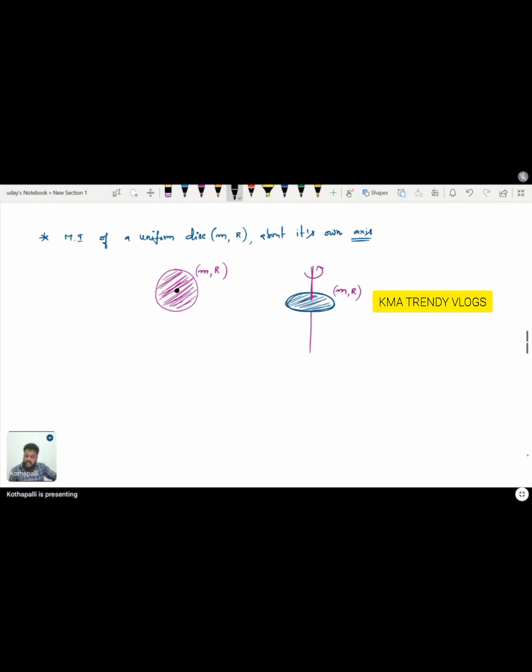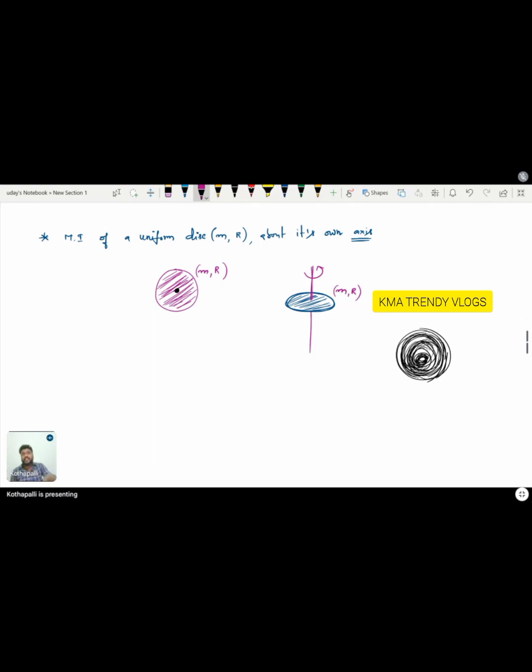So if I take a disk as the combination of so many rings of different radii, one ring's moment of inertia I'll pick somewhere in this disk part, and that value I'll integrate from the starting limit to the ending limit. That is what I'm going to do.